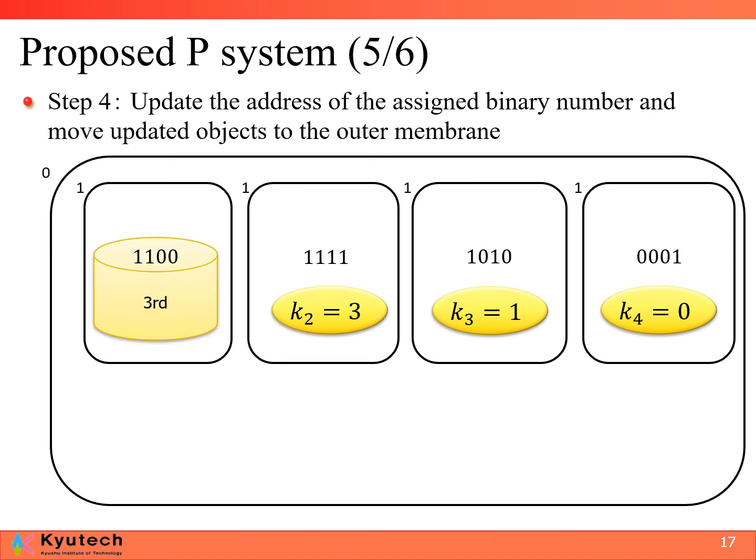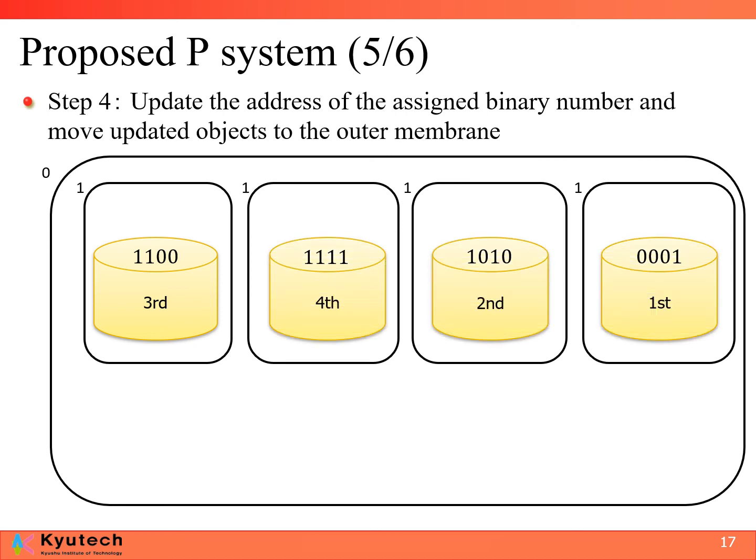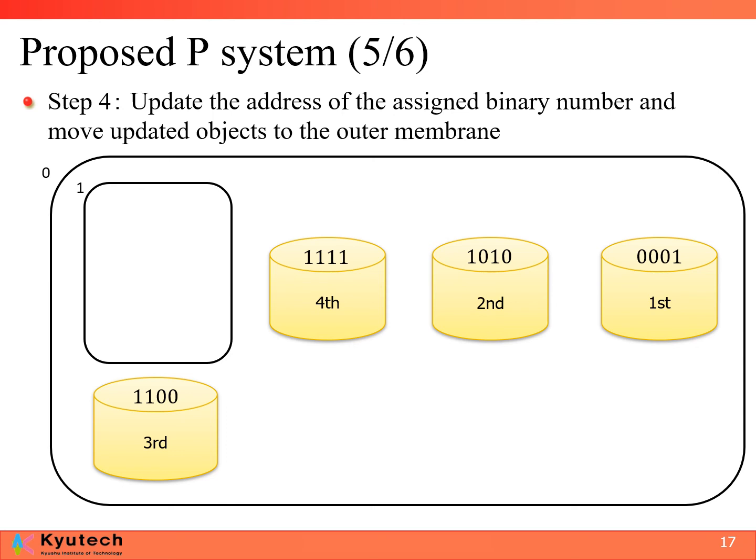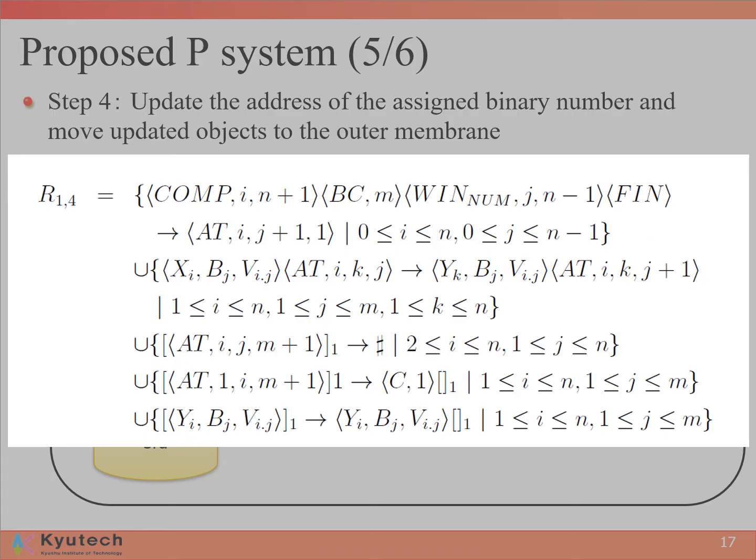The same computations are executed in the other inner membranes. Also, all updated objects are moved to the outer membrane by a send-out communication rule in one of the inner membranes, and by a dissolution rule in the other inner membranes. The computation of this step is executed by these evolution rules.